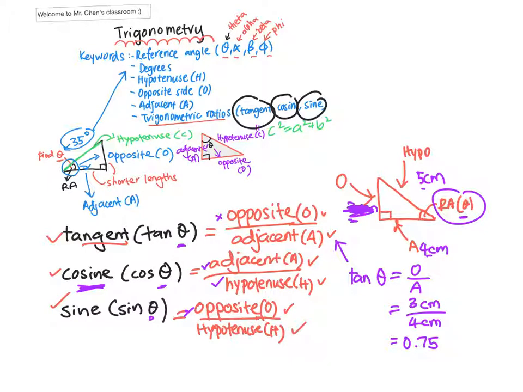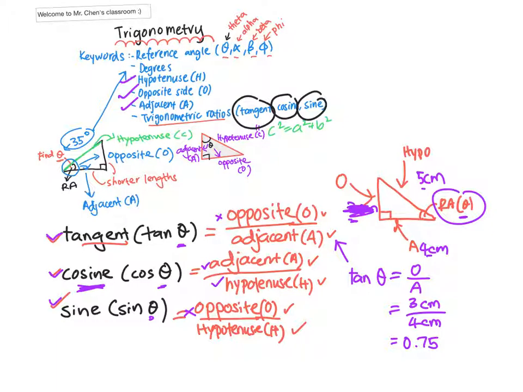So I'm gonna stop here. I just want you to take your time to go through this, and you might have to write all these three formulas down because this is the first time you've seen them. For these trigonometry videos, we went through the keywords and what hypotenuse, opposite and adjacent are.